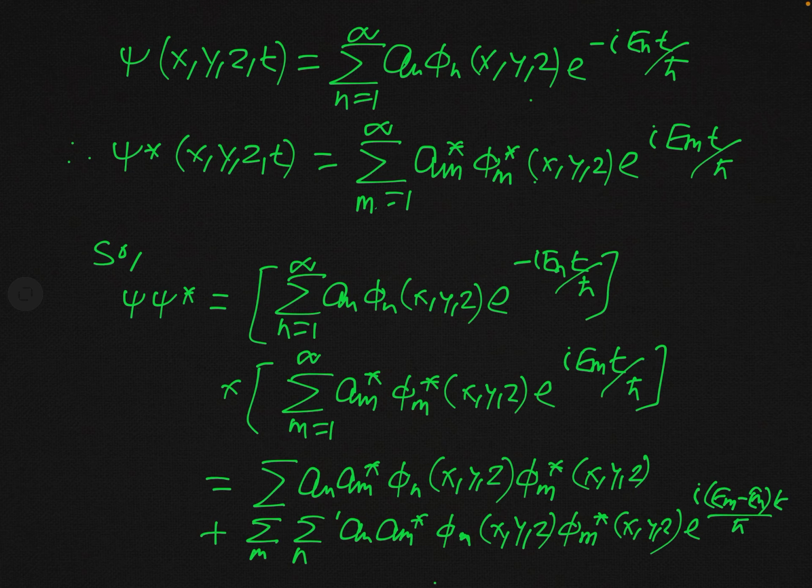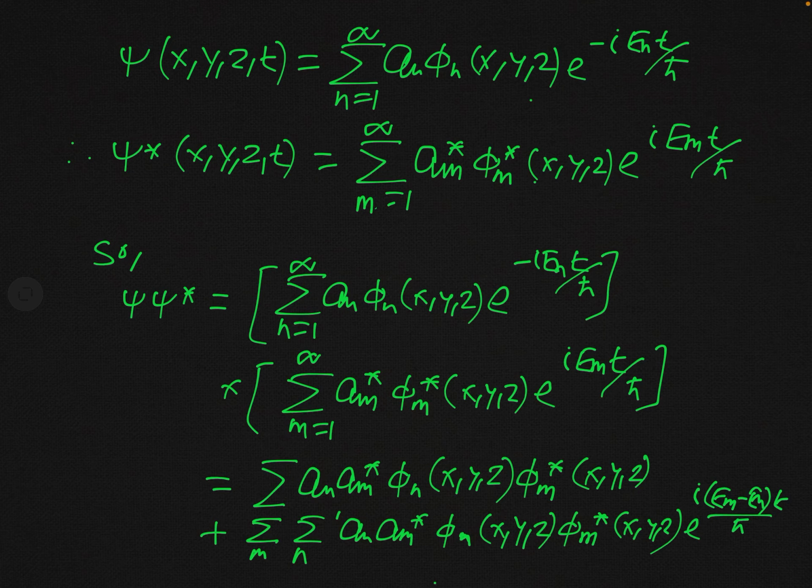So psi times psi star will be independent of time t only when we take all the coefficients a_n equal to 0 for all values except for one value of E_n. In such a case, the wave function will contain only a single term.